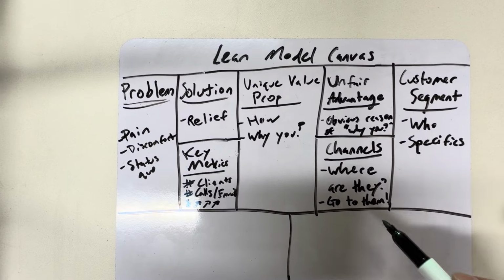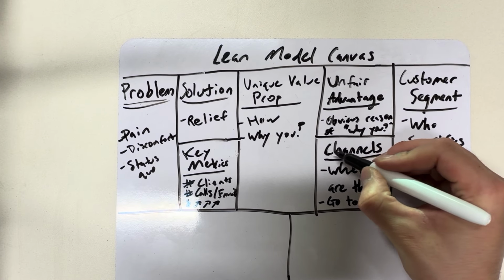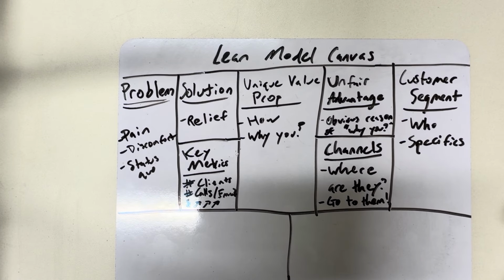If they are, join the Facebook groups or join the Reddit subreddits or whatever and go to them. Find out where they are and go to them. Another thing, if you're trying to look for people to hire and you want to hire college students or whatever, go to them, post a piece of paper on the job board at the local college or whatever it is. This is just an example. You want to go to them.